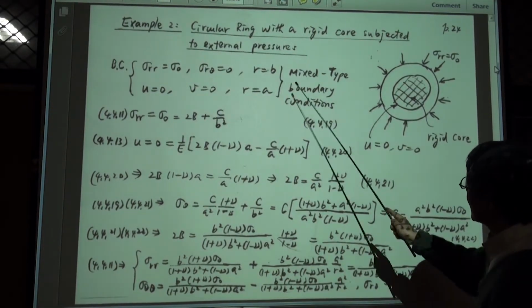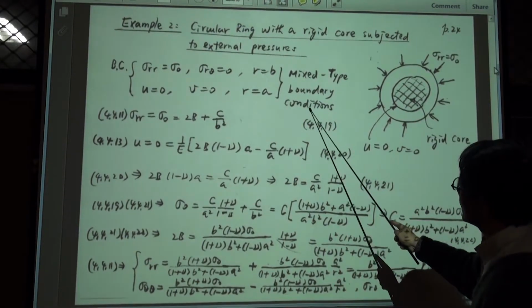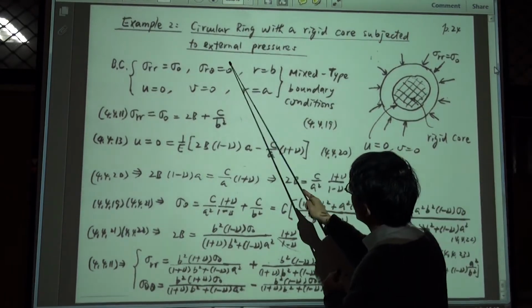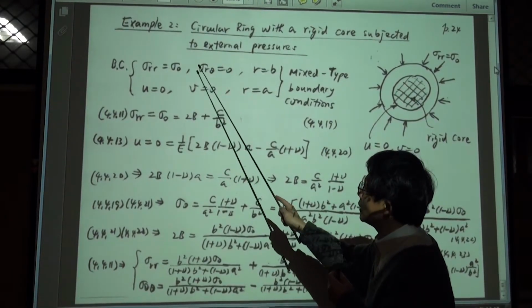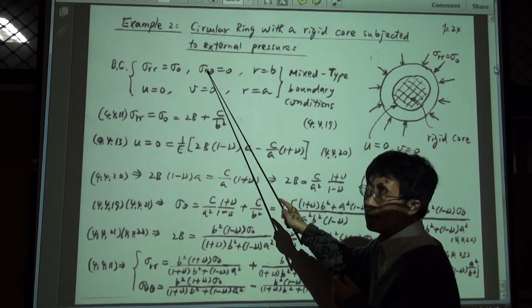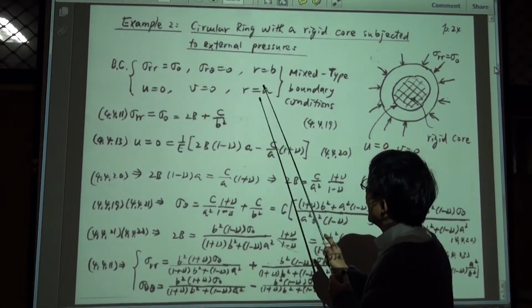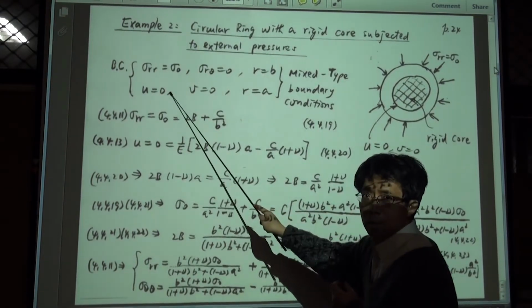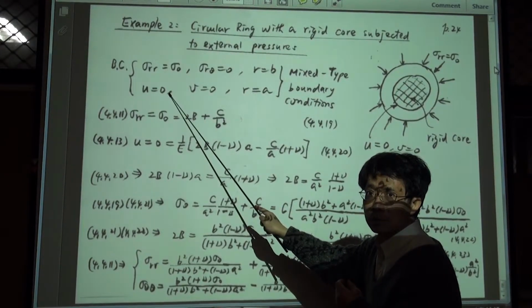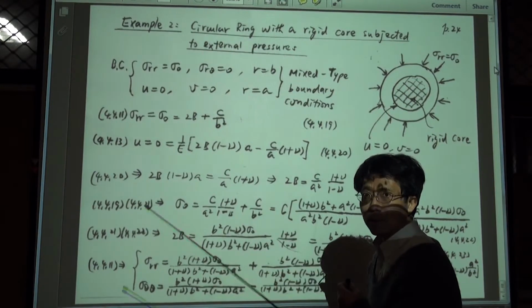So this is a mixed type of boundary conditions, because on the outer boundary the boundary condition is written in terms of traction, right? This is the stress. And on the inner boundary here, the boundary condition is written in terms of displacements.